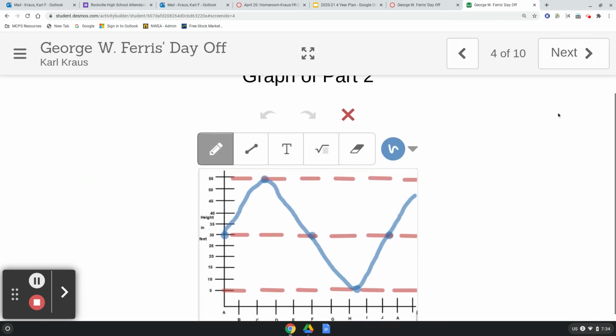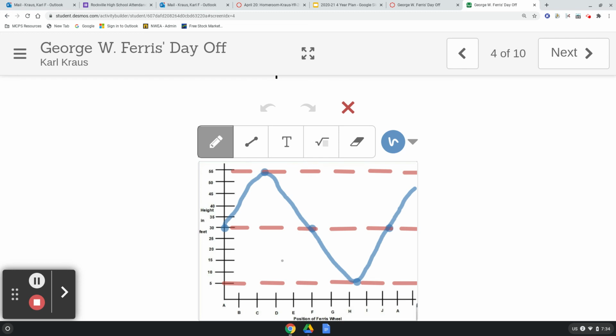Then on slide 4, if I were to graph this, in order to graph sine or cosine, we're going to make a horizontal line at the maximum, which is 55, a horizontal line at the minimum, which is 5, and then a horizontal line at the center line, which is 30.